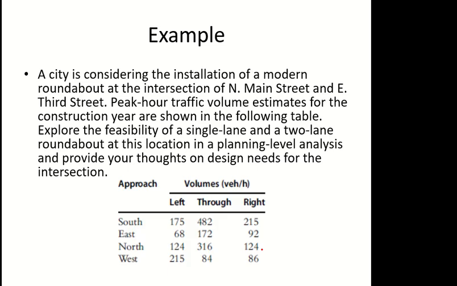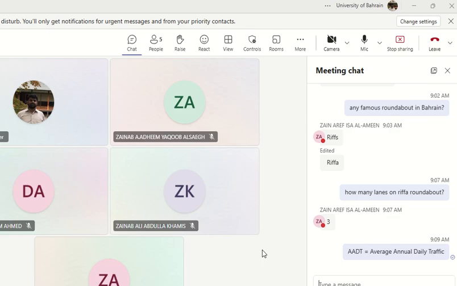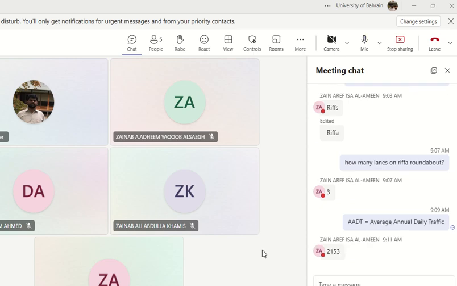So you need to add all the numbers which you see in the table. Okay, so this is for 1 hour.